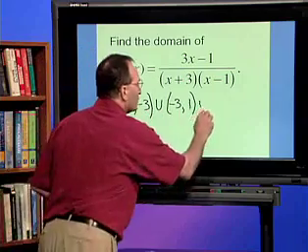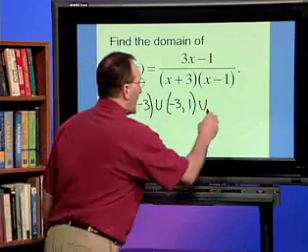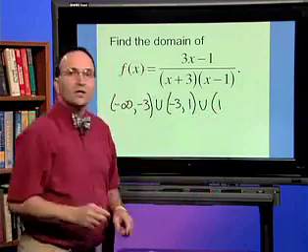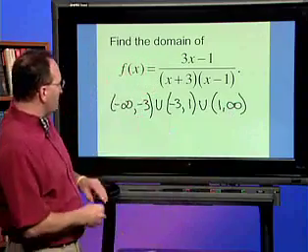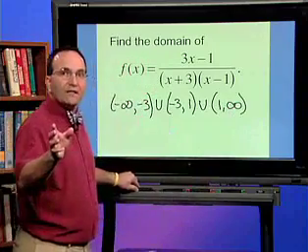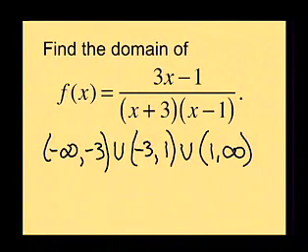And then we're going to union that with starting back up at 1 again, going out to infinity. And so that would be the domain of that function, because those are the values that are allowed to be plugged in.